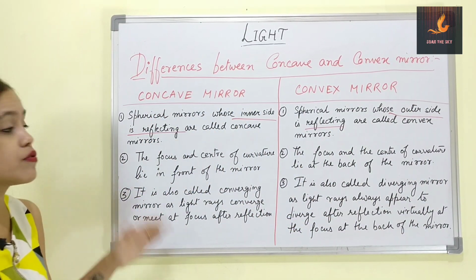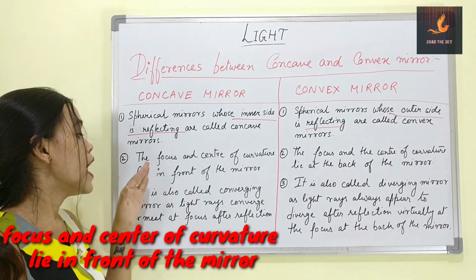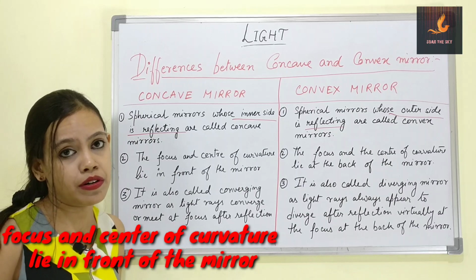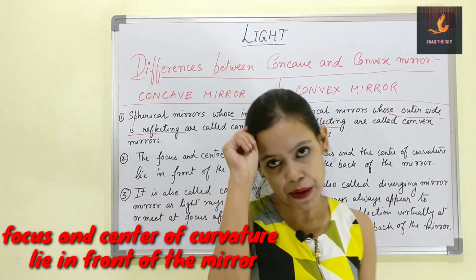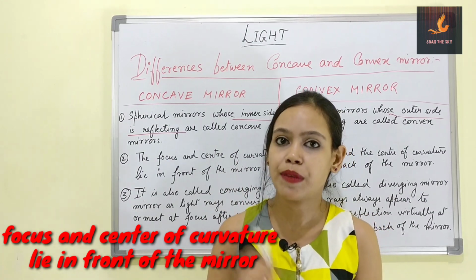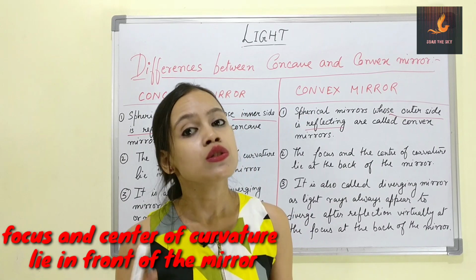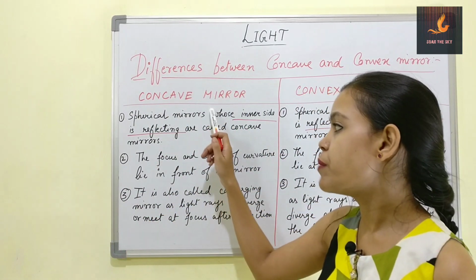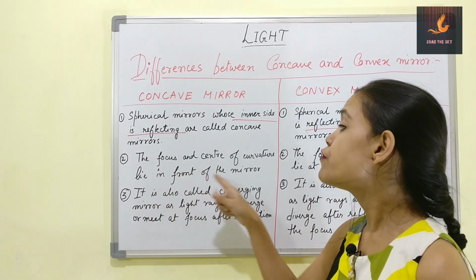What's the second point of difference? In a concave mirror, the focus and the center of curvature lie in front of the mirror. When I drew the diagram for all the parts of the spherical mirror, I explained what a focus and a center of curvature are. In a concave mirror, both the focus and the center of curvature lie in front of the mirror.